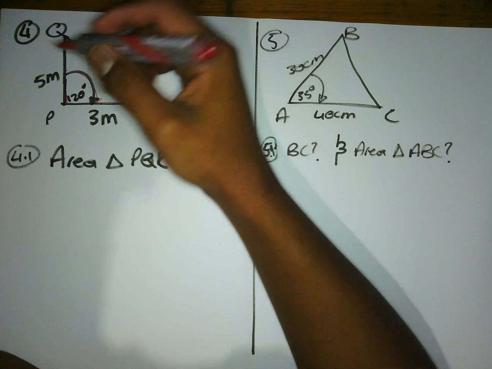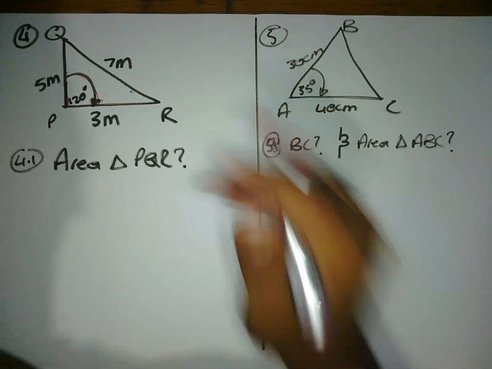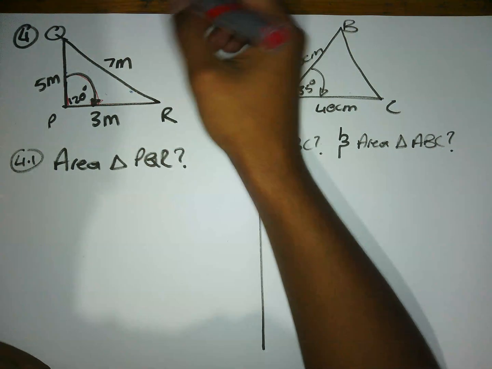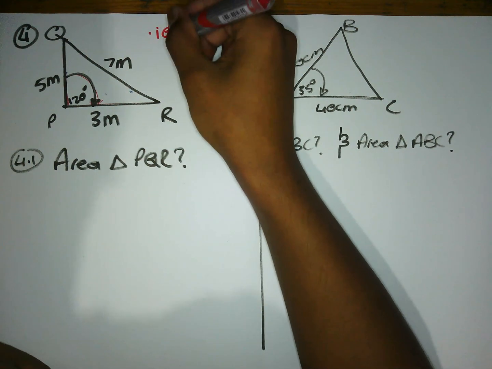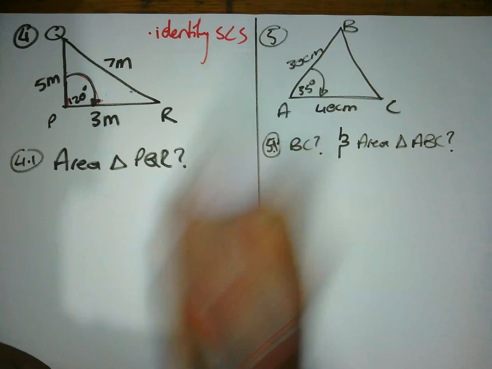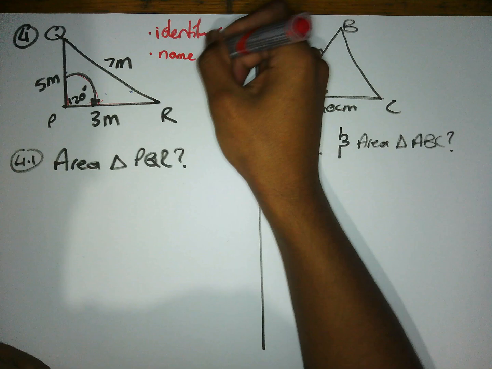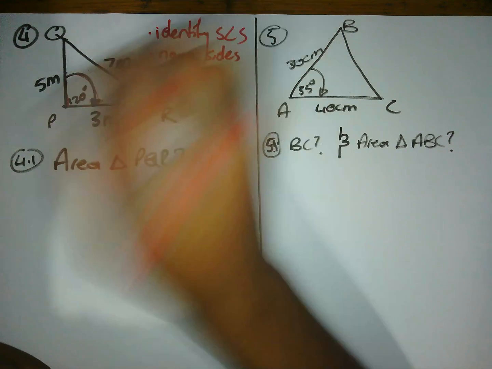Identify your side, angle, side. All right. So the first thing you must do is identify your side, angle, side. Second thing, name your sides. So we do that now.